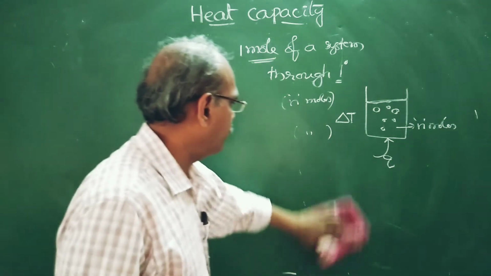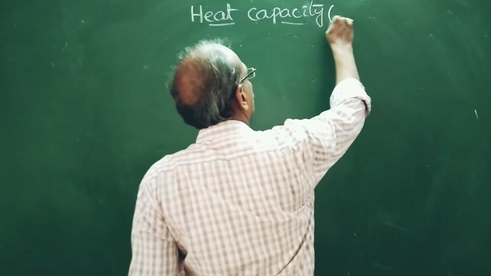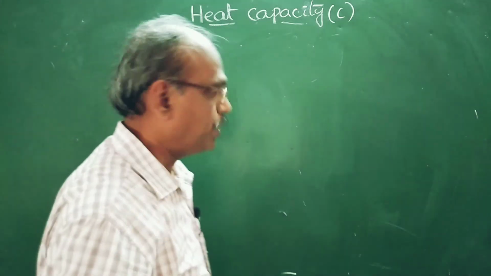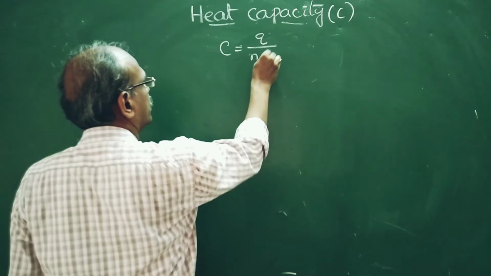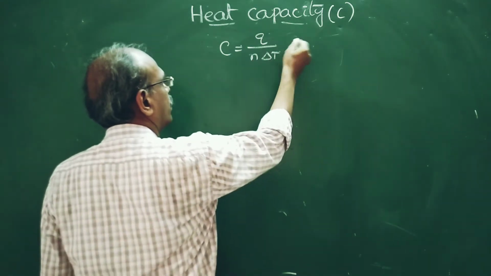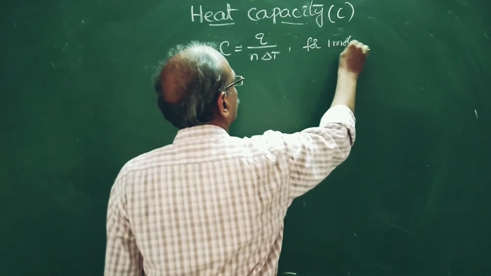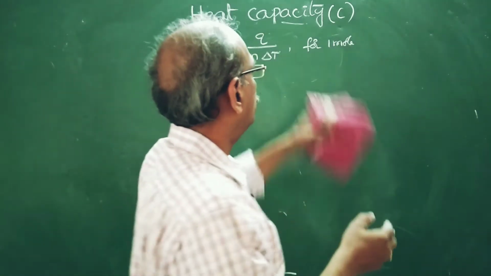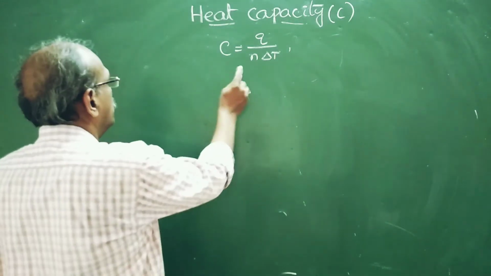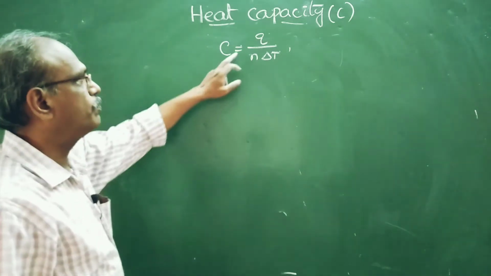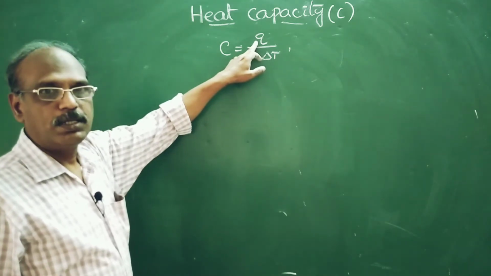Now let's see heat capacity C under different conditions. The formula: C is equal to Q by n delta T for n moles. For 1 mole, you can put n is equal to 1. Under different conditions, the Q value depends on the conditions. It is a path function.